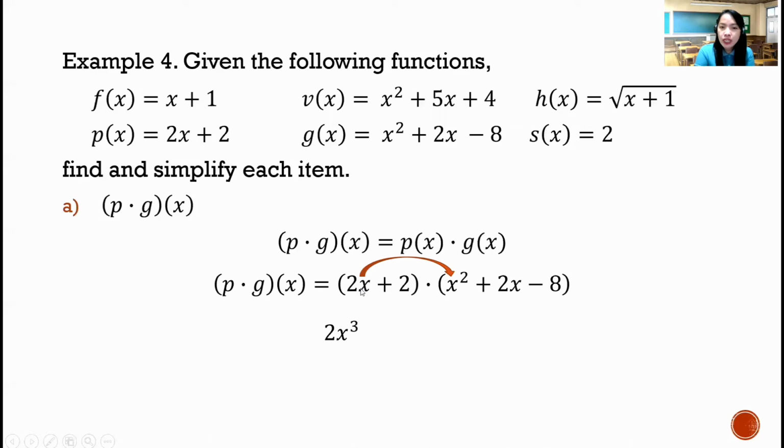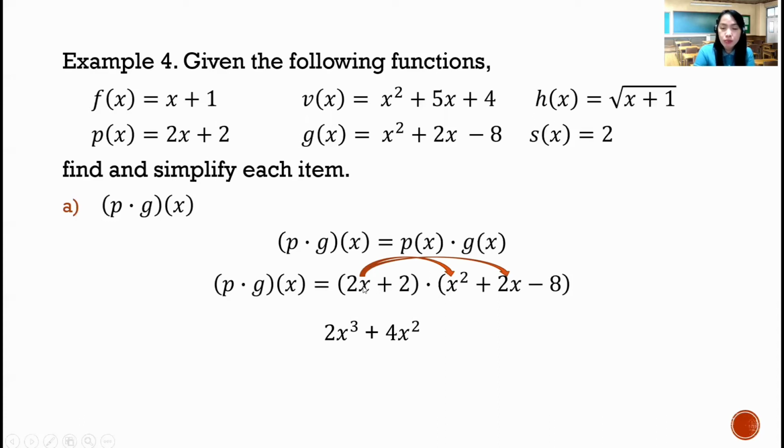Next is, doon naman, yung 2x naman, i-multiply sa second term ng next function. So, that is 2x times 2x. So, 2 times 2 is 4, and then copy the variable x. Again, add the exponent. 1 here and then 1, that is 4x squared. Do not forget the sign, that's positive.